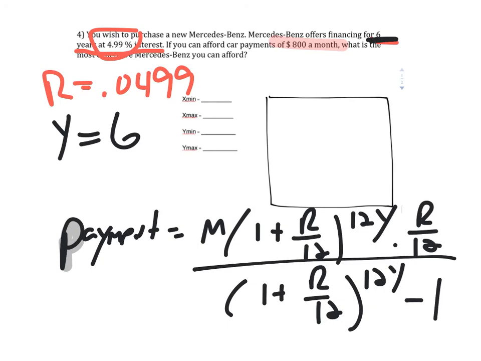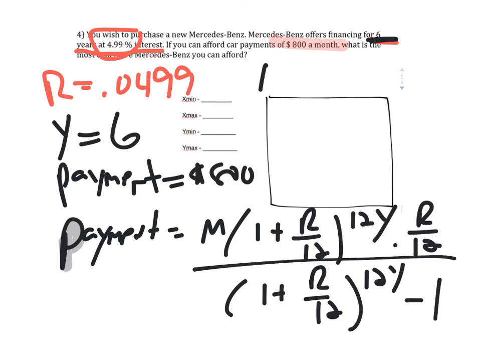And here we're going to plug in the payment is going to be $800 a month, and our goal is going to be to figure out what our M value should be.